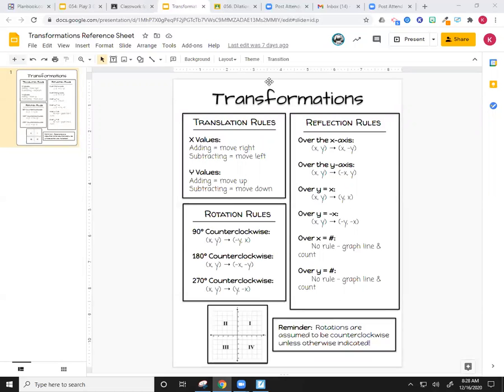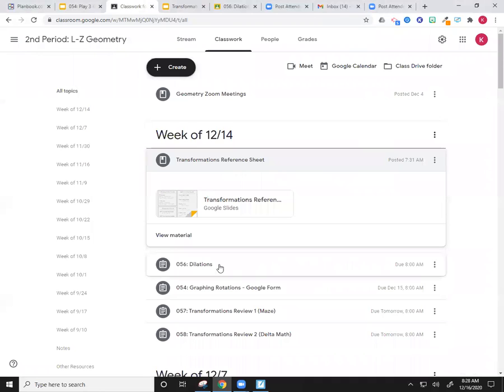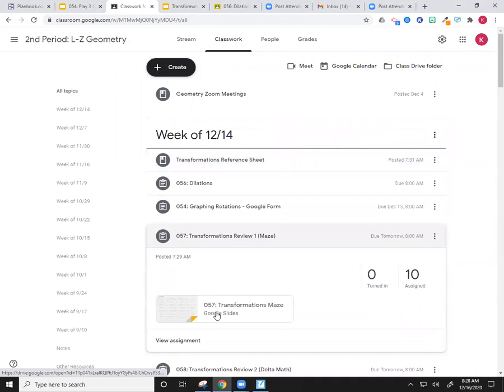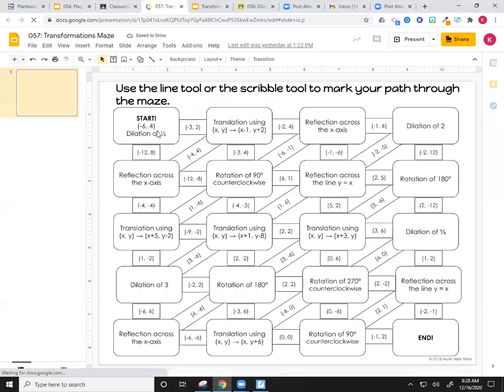Okay, but there's all the rules that we've been doing. Then also in Google Classroom, you have 2 reviews today. One is a maze. So you're going to start at the point -6, 4 with a dilation of 1/2. So that means I need to multiply both of those by 1/2. So I'm going to get -3, 2, which means I would then travel sideways.